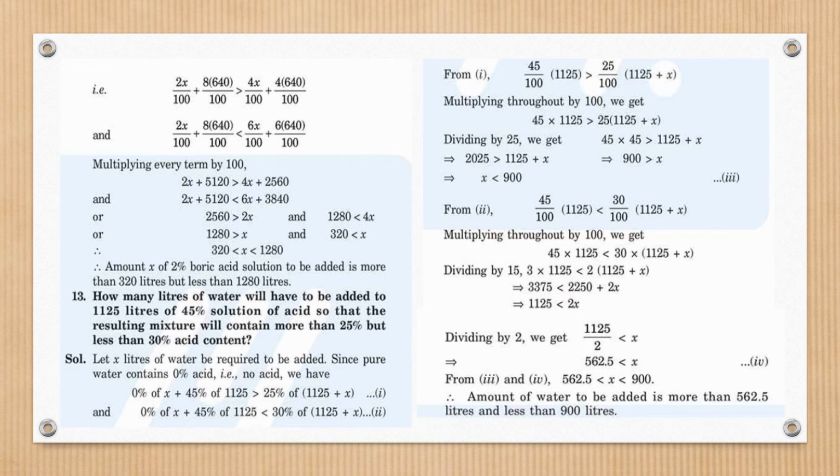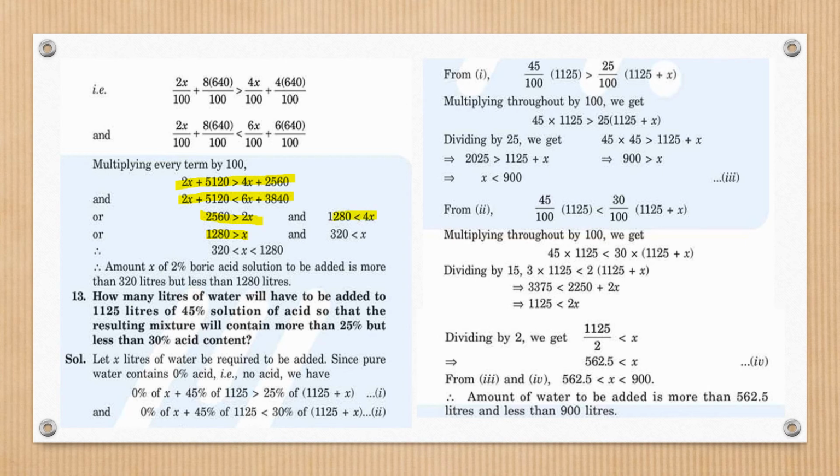Now we need to solve them. So 2% means 2x/100 plus 8 into 640/100 greater than 4x/100 plus 4 times 640/100. Similarly the other one. Now solve this one, multiply by 100, as 100 can be eliminated. I get this equation. Okay, bring all the x's to one side. I'll get 1280 greater than x.